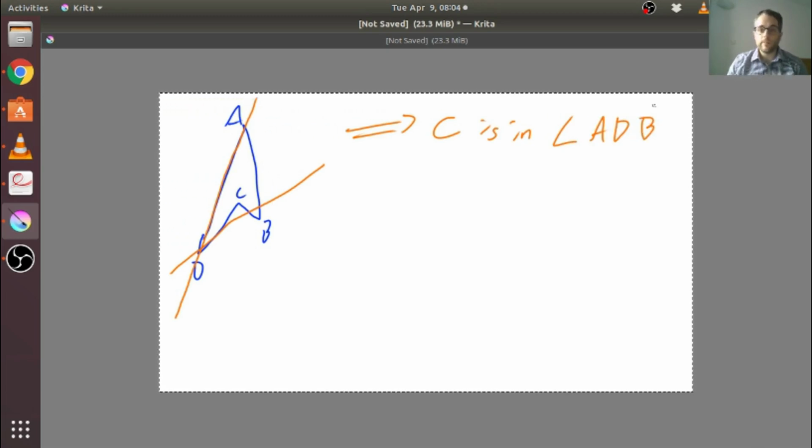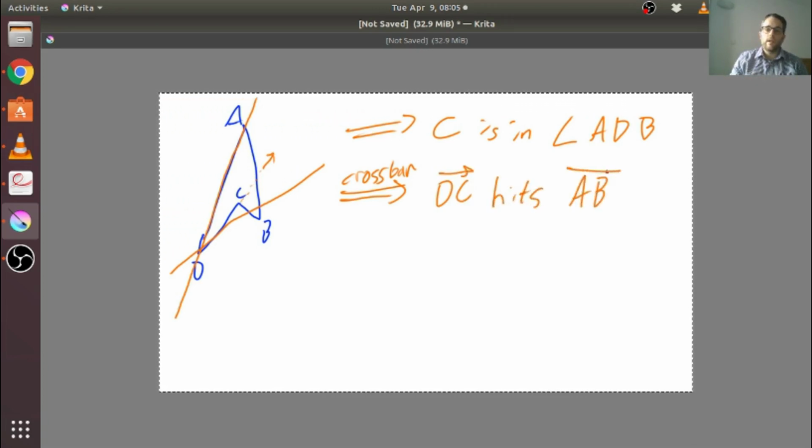And that's a problem, because according to the crossbar theorem, this ray DC has to hit AB. The ray DC hits the segment AB, and that can't happen.